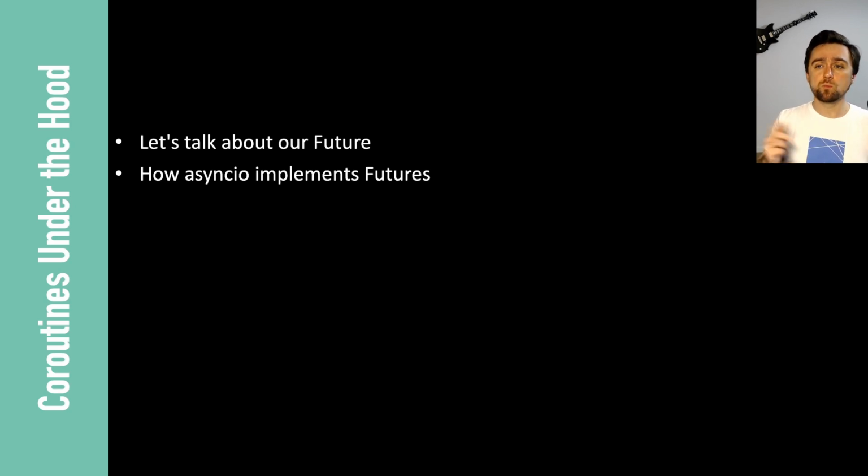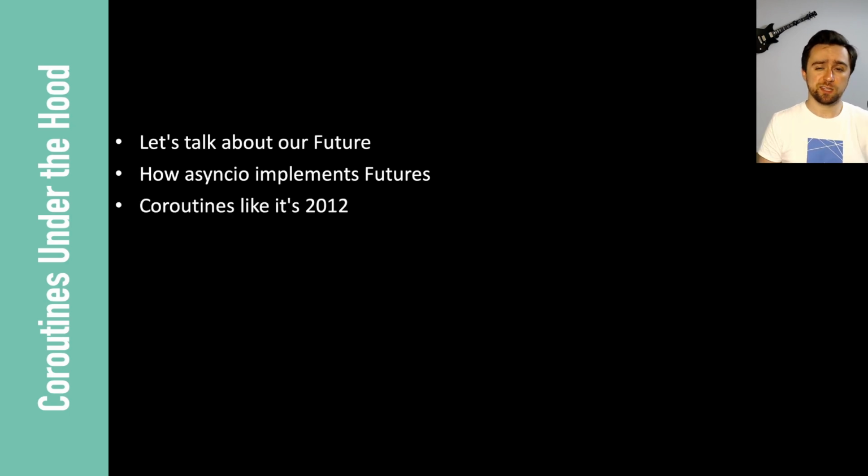So to build our understanding of coroutines, we need to first talk about what futures are. Without knowing this important building block, it's hard to connect all the dots, and we didn't have time to play with them in the last episode, so we're gonna do it now. We'll learn about them from the user's perspective, and then we'll move on to explain their implementation.